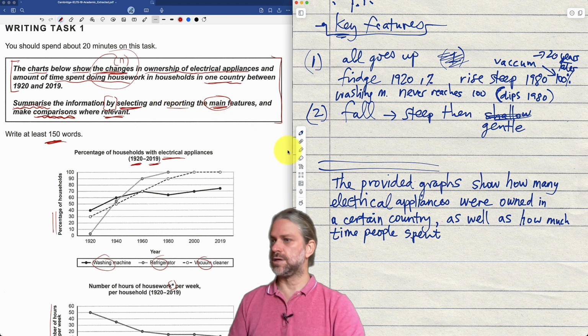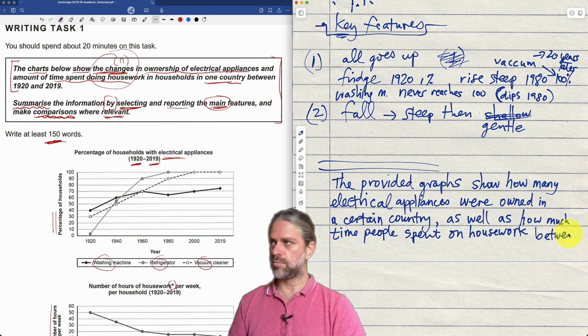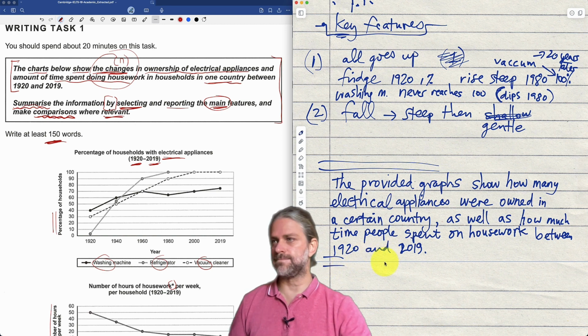How much time people spent doing housework, I can just use on housework. Okay, that has the same meaning. Spent on housework between 1920 and 2019. Okay, first paragraph. We need a space, which is useful that they've given us one here already.